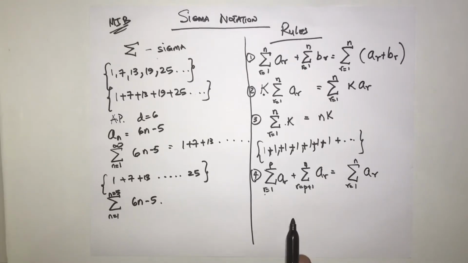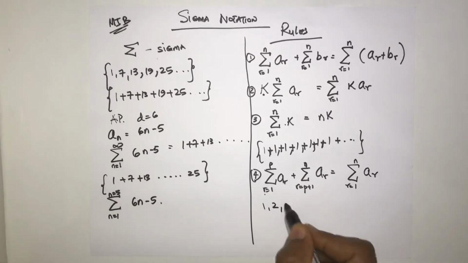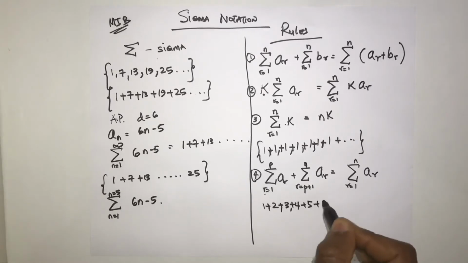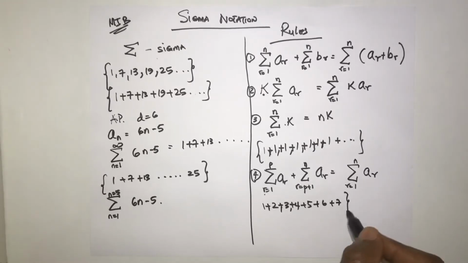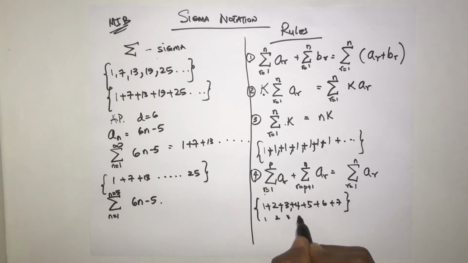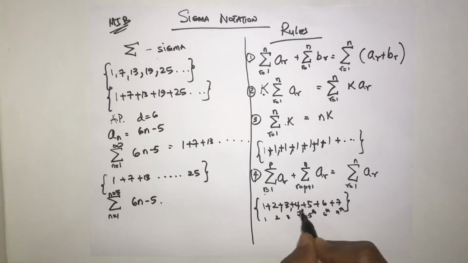So for example, let us just say that you have 1, 2, 3, 4, and again these should be plus 5, plus 6, plus 7. Now this is the function, where 1 is the first term, 2 is the second term, third term, fourth term, fifth term, sixth term, seventh term, respectively.